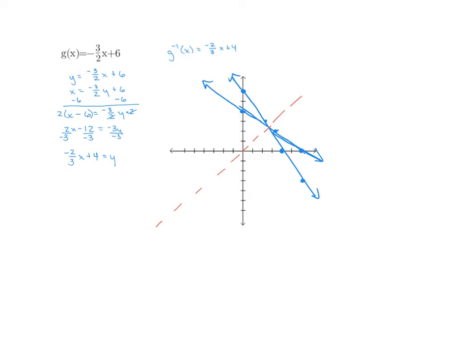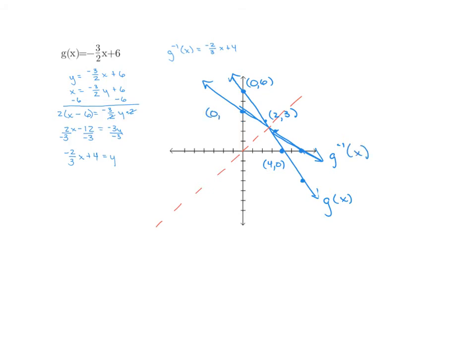And now let's look at our points. So for our first equation, what are some points that are on this line? Well, we have 0, 6, 2, 3, and 4, 0. And sorry, that's not f of x, that is g of x. For our g inverse of x, what do we have here?